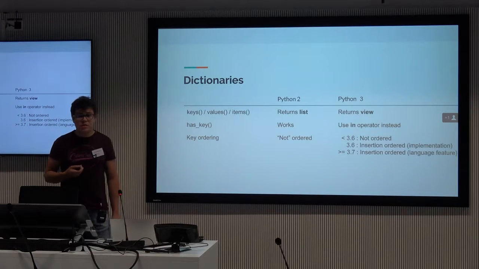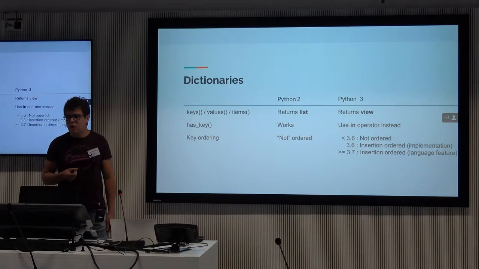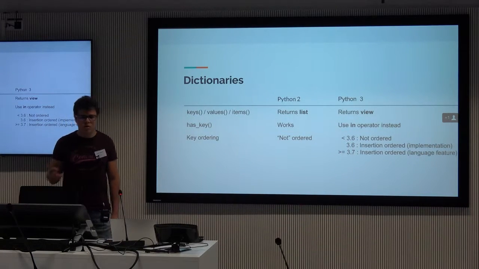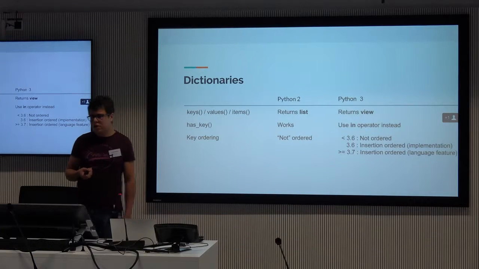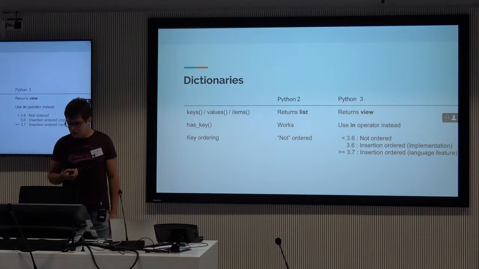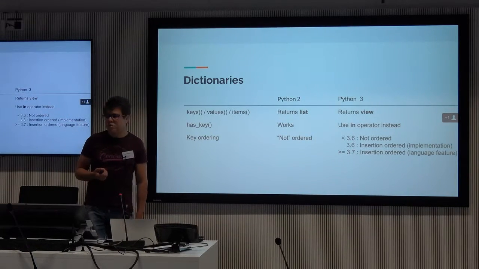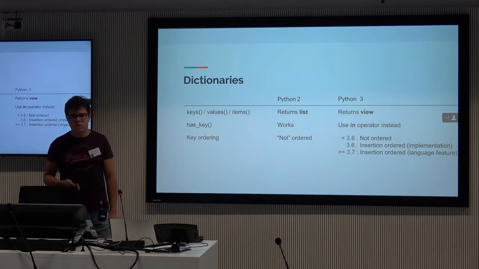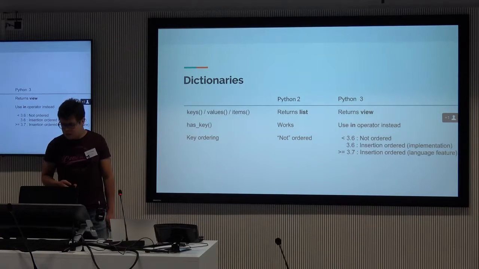In Python 3.6, that was an implementation detail. For some reason, all dictionaries were ordered according to how you inserted the keys. In Python 3.7 and above, that's actually a language feature that you can rely on. So that's going to simplify a lot of stuff.